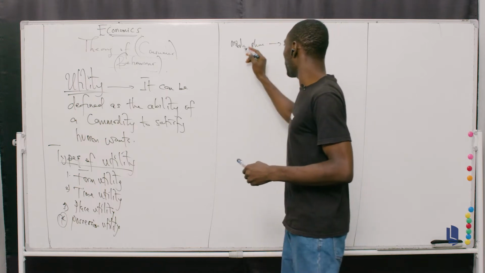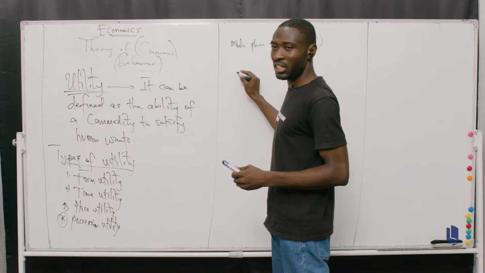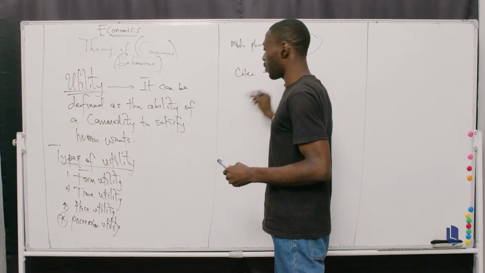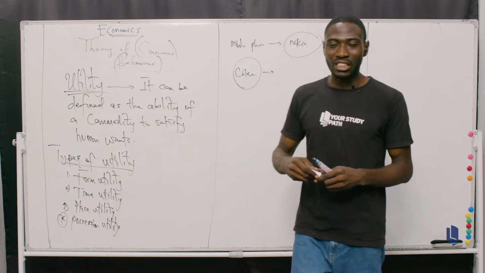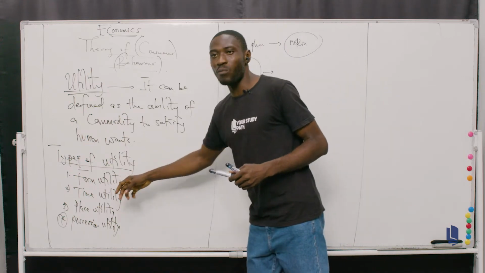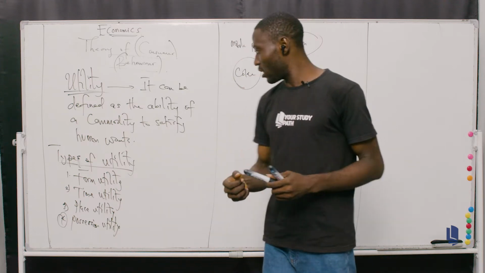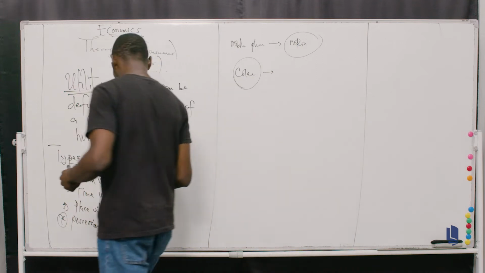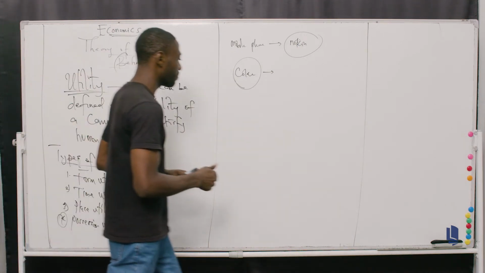Now, let me leave the arena of mobile phones. Let me say I'm drinking Coke. When I drink my Coke, the satisfaction I'm gaining from the Coke is called form utility, because I have that Coke.